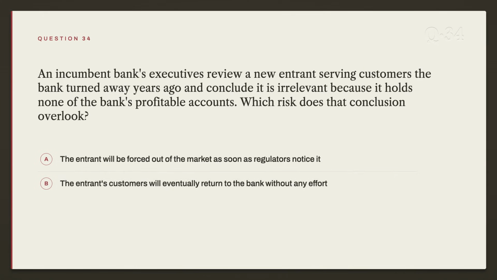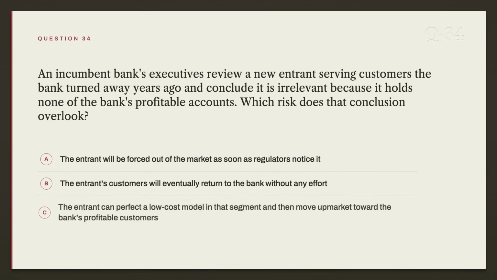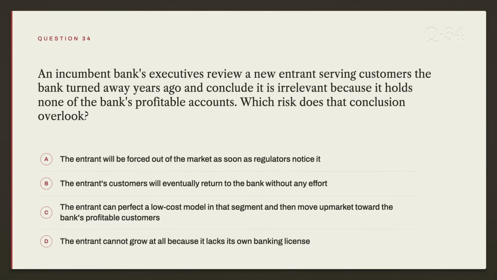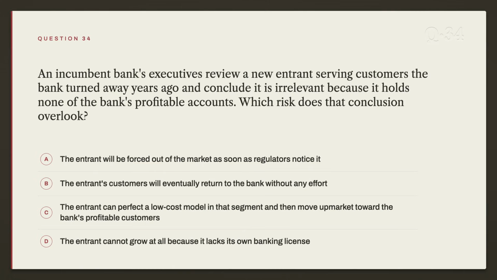B. The entrant's customers will eventually return to the bank without any effort. C. The entrant can perfect a low-cost model in that segment and then move up market toward the bank's profitable customers. D. The entrant cannot grow at all because it lacks its own banking license. Take a second. Which answer would you pick?